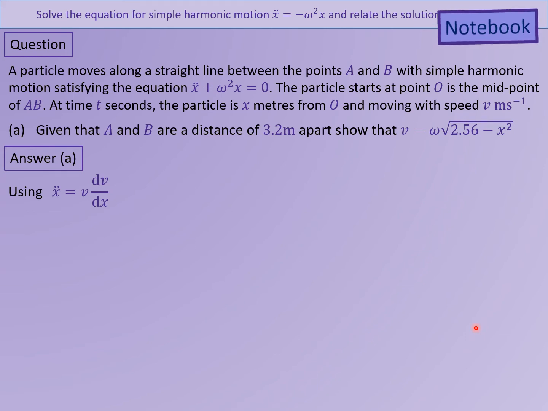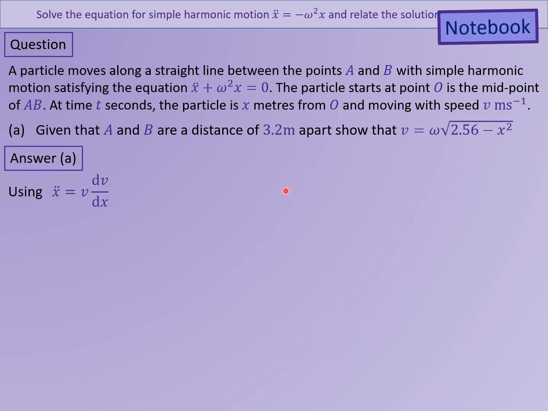Now be very wary of just saying, because it's simple harmonic motion, V equals omega root a squared minus x squared, so therefore I'm going to just substitute in my a value, and therefore that's where the answer comes from. Okay, so be very wary about just diving straight into that equation, especially if this is worth quite a few marks.